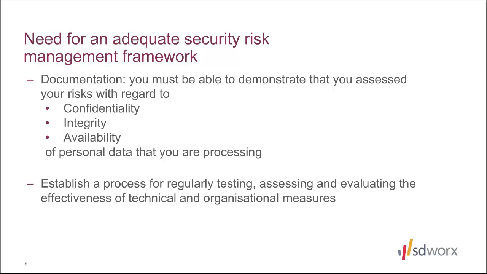You will have to be able to demonstrate that you assessed your risks and documented those in terms of confidentiality of data, integrity, and availability. That means you will have to be able to show some kind of risk matrix, the evaluation of the controls you currently have in place and what you think the residual risk is, and if that is acceptable for you as a company and for the process that you are running to process the personal data.